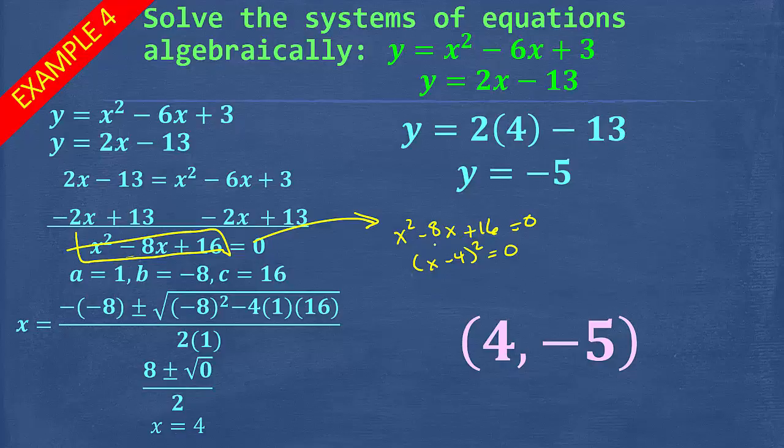This is basically similar to completing the square, except we're just simplifying this down to this, and then we would take the square root of both sides, which would give us x minus 4 equals 0. Add 4 to both sides, and you still get x equals 4. So either way that you want to do it is fine. All right, and that should actually be example 5, not 4.